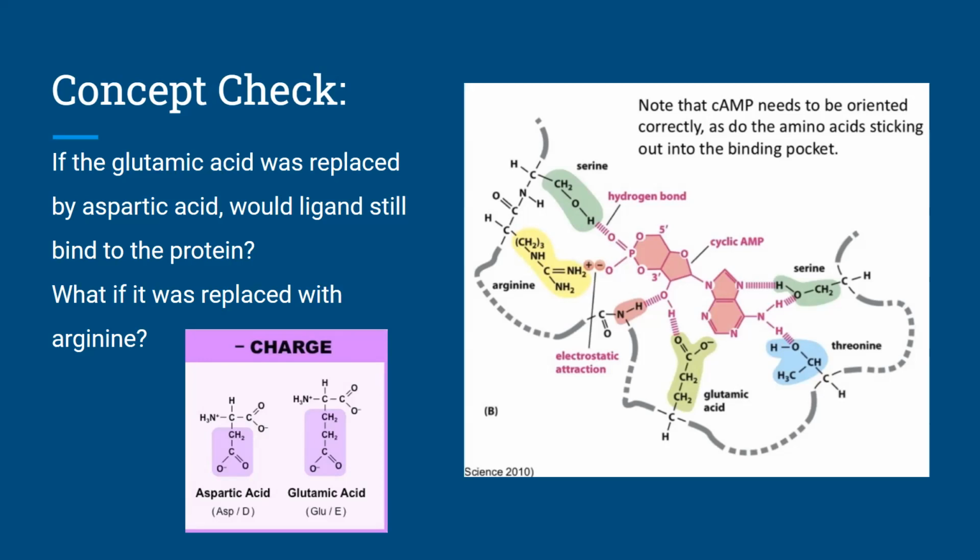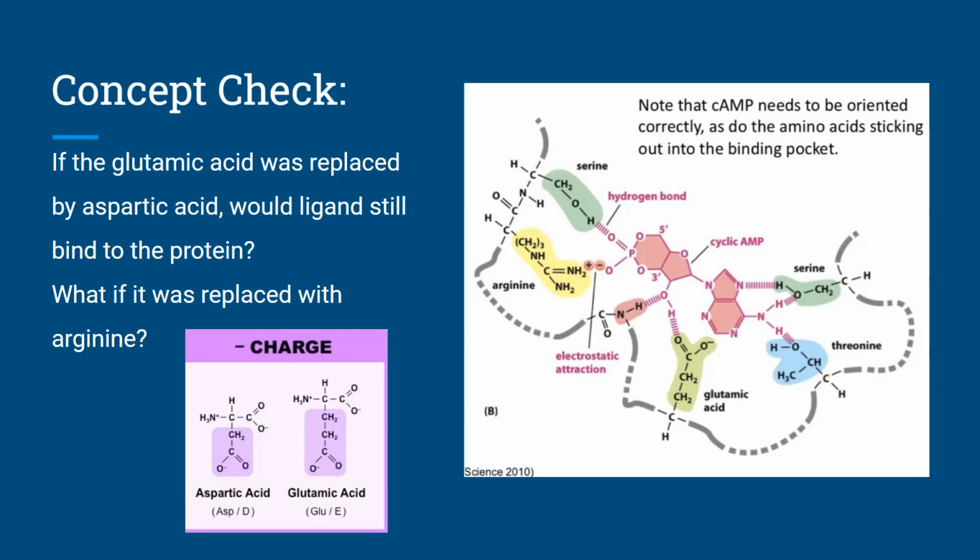Explain the concept. Yeah, so in this question on the board, glutamic acid, as you can see in the bottom left-hand corner image, is a negatively charged amino acid, and you can see it on the right. I don't know if you can see my mouse, but it's hovering. It's that lighter green on the protein with the ligand interaction.